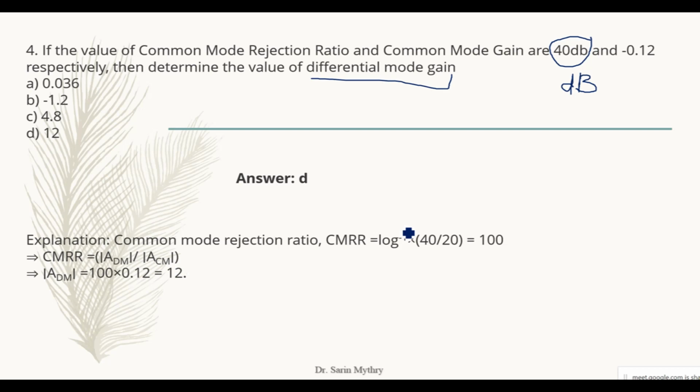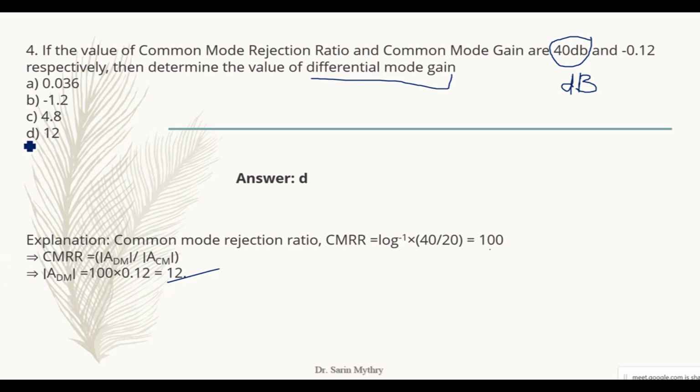See now, CMRR equals antilog of 40 by 20. If this is the case, then it is 100 you are going to get. So ultimately, if you substitute in this formula, your ADM is going to be 12. So this is your correct answer. The answer D is the correct one.